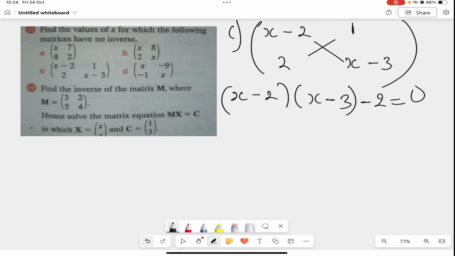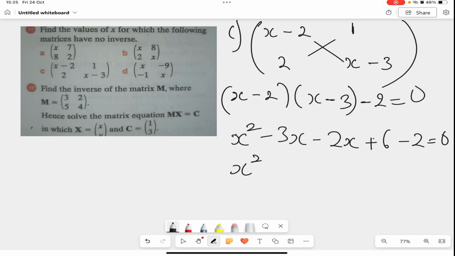At the end of the day, we'll have x squared minus 3x minus 2x plus 6, and minus 2 equals 0. This will give us a quadratic equation, one that we're familiar with.